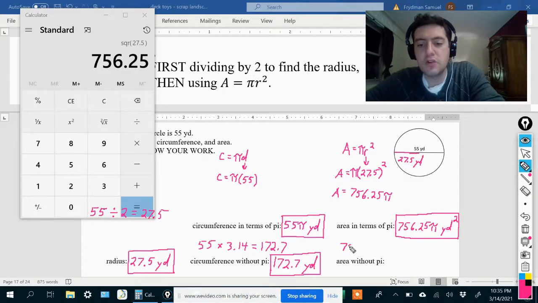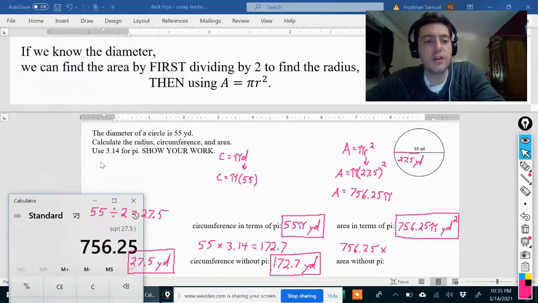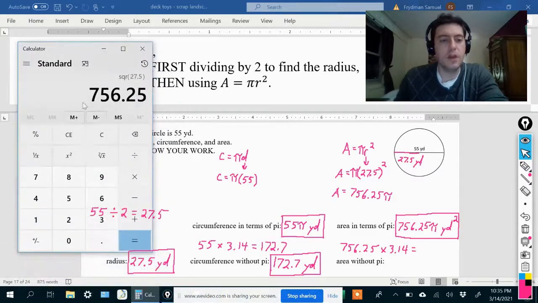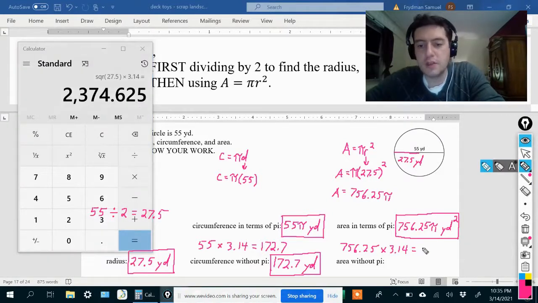So we have 756.25 times, we are going to be using 3.14 for pi, so times 3.14 equals 2,374.625, and that would be square yards.